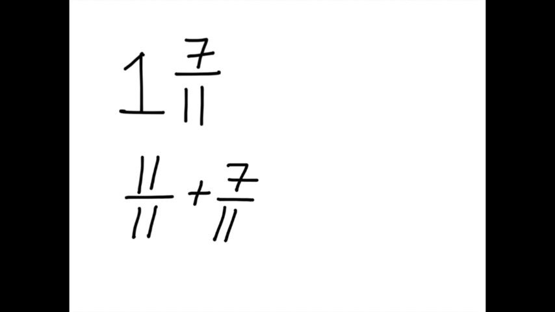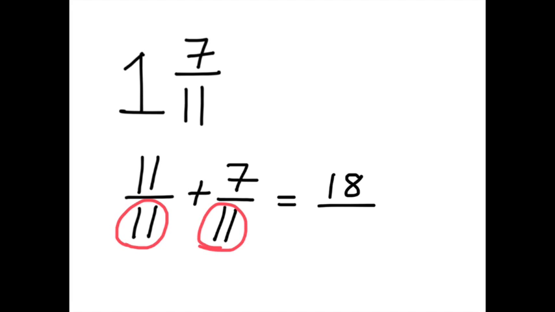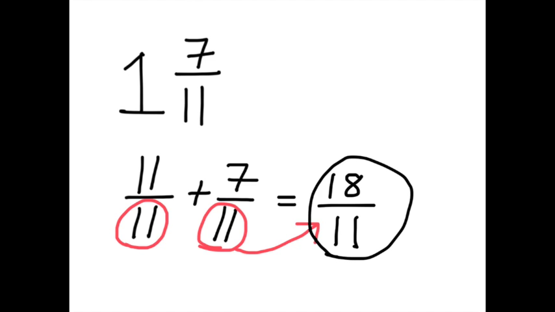So we add these, and we see that on the top, 11 plus 7 is 18. Now, when you're adding fractions, and maybe I should have specified this earlier, the denominators don't get added together. That's why it's so useful to write these like this. The denominator just gets carried over. And so in this particular problem, we just write 11. And again, hey, look at that, 18 over 11.